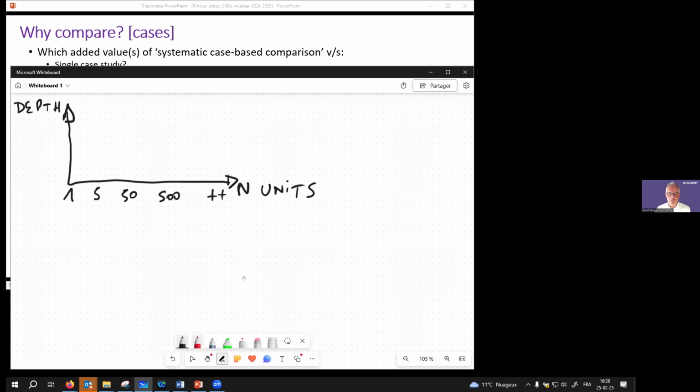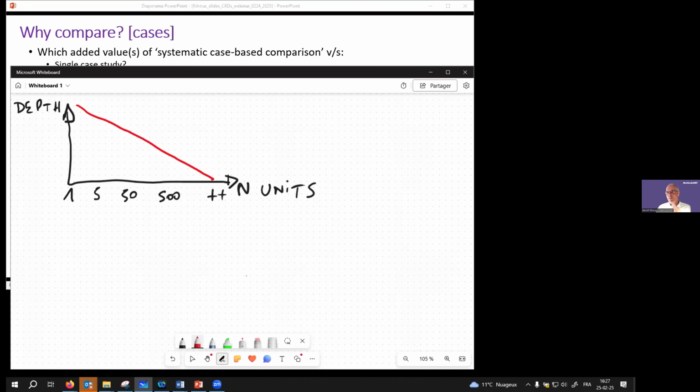And there is something like a law that, in real life, the more units you encompass in your research, the less depth you have, the less you know about each one of the units. It's simply because you don't have so much time, and if you do survey research, you mostly gather standardized numerical data, and you don't know so much about each respondent, qualitatively. But by contrast, if you do a single case study, you know a great deal about one single case, right?